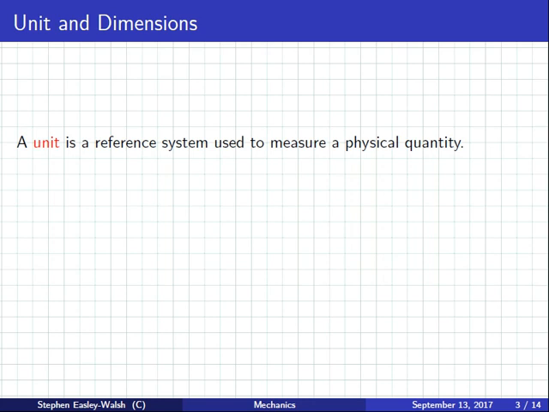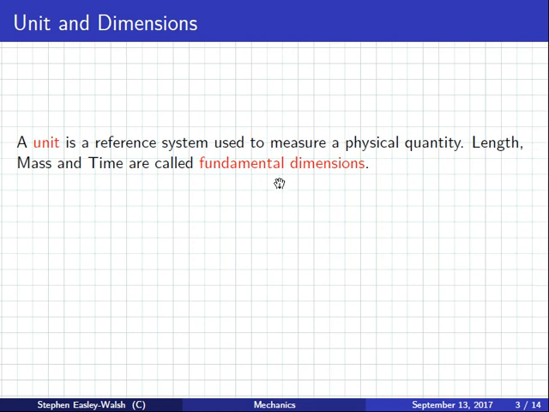What I mean by that is a unit's just the way we measure something. For example, we have three basic measurements we would like to make: length, mass, and time. And these are called the fundamental dimensions. So that's probably a word you want to write down, fundamental dimension, the three basic dimensions.